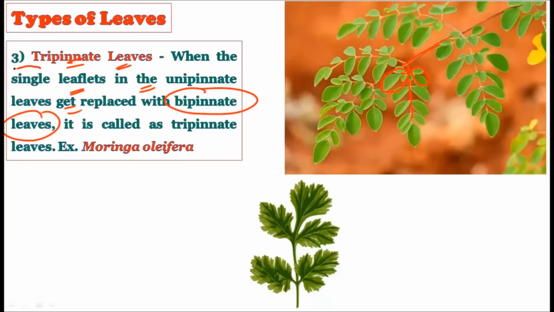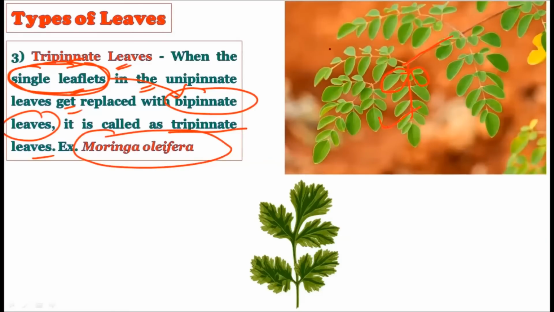You should carefully remember that the single leaflet is replaced by the bipinnate leaf, and in the bipinnate leaf the single leaflet is replaced by the unipinnate leaf. For this tripinnate leaf we have the example of Moringa oleifera. As you know, this is the famous plant used in many food nutrition programs across Africa.